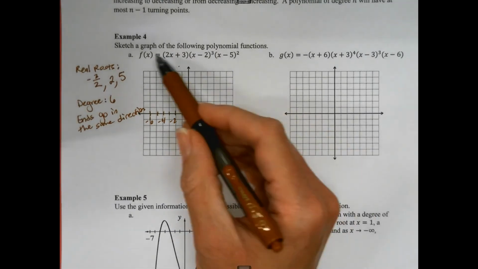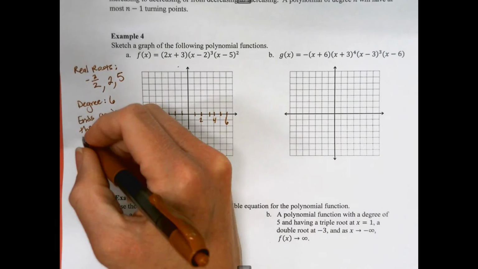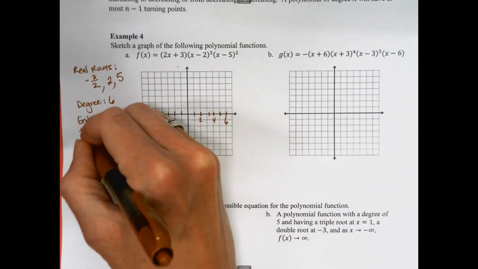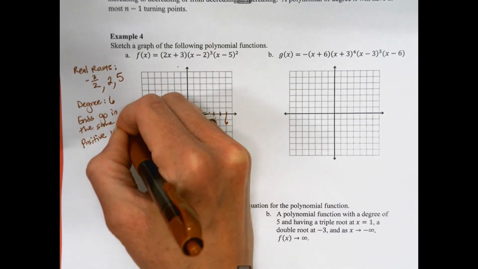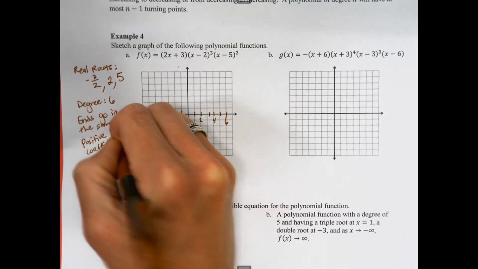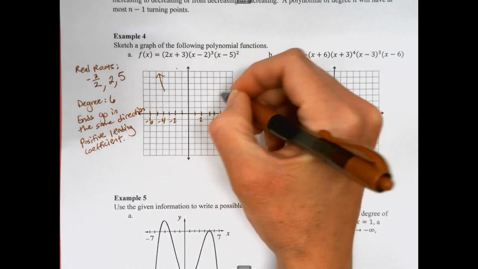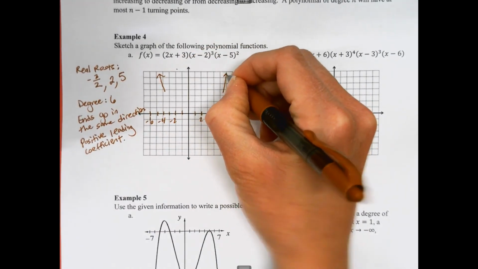And since it is positive, the ends are both going to go up. So positive leading coefficient. So we know that both of our graph ends are going to be going up.